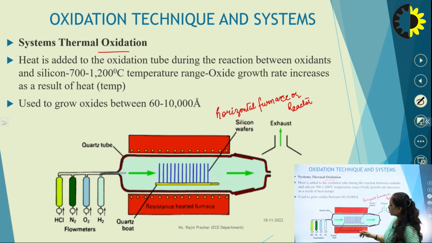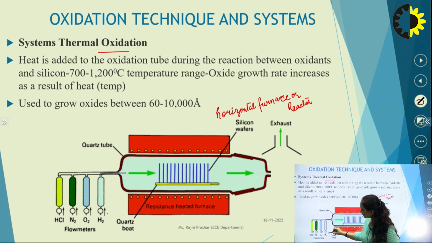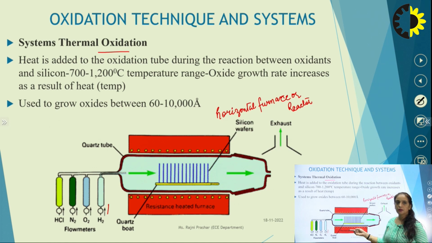Okay, so we have this quartz boat. Over this, your wafers are vertically placed, and here we can see that we have hydrogen gas, oxygen, nitrogen and HCl gas. Depending upon the requirement, we are going to pass the gases one by one.